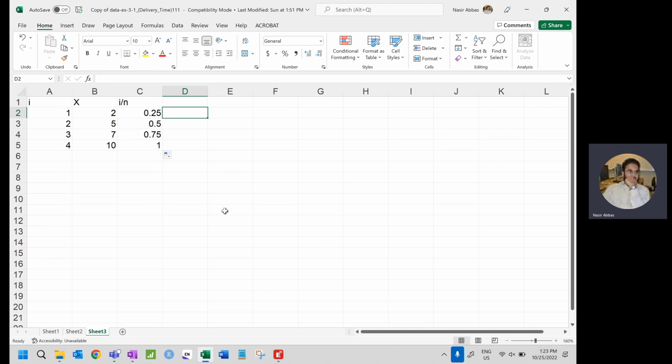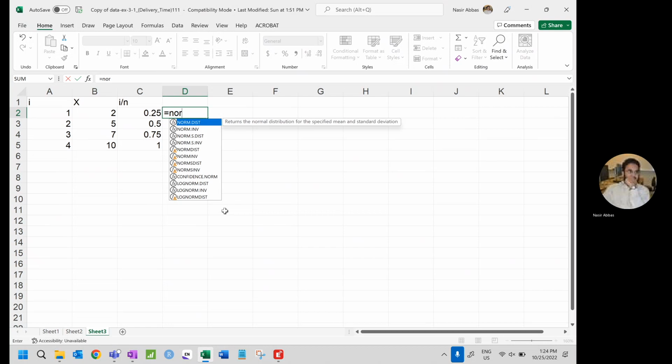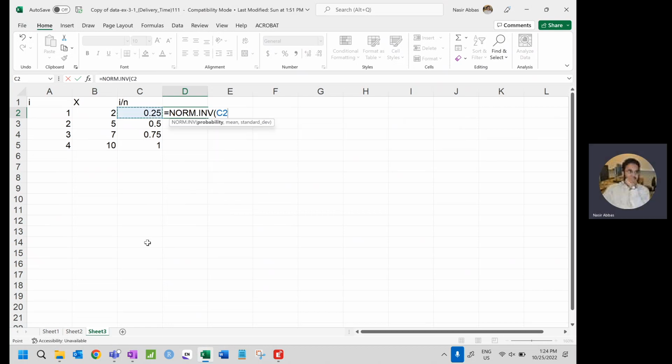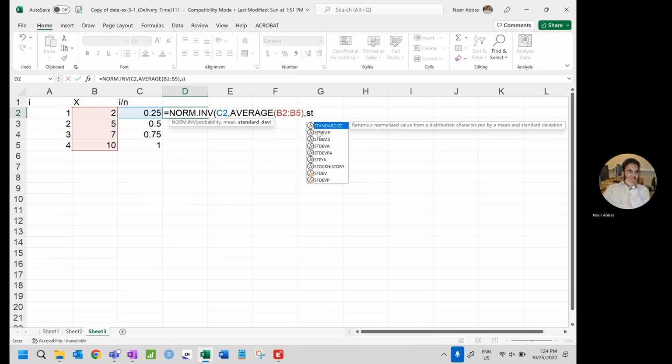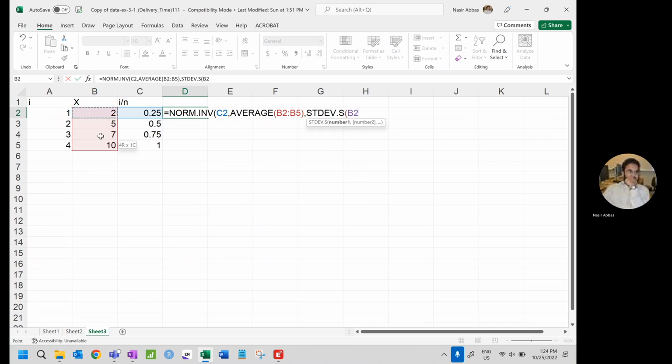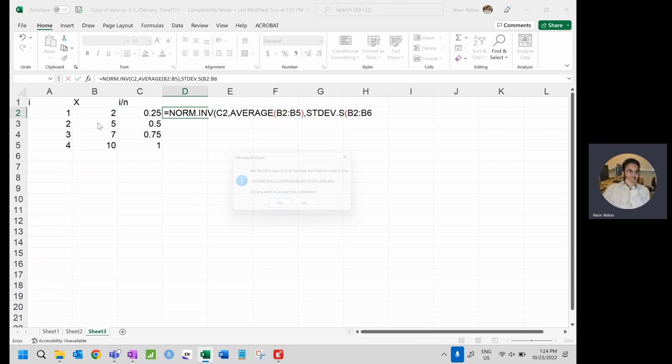And I need the value from the normal distribution. So I'll go to norm inverse. This should be the probability 0.25. The mean should be the mean of the data, which you said is 6. I'll calculate it directly from the data. The standard deviation will come from the data also.